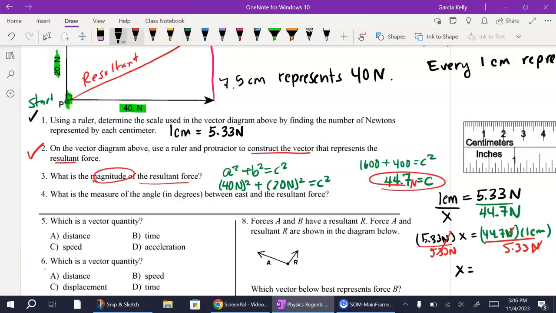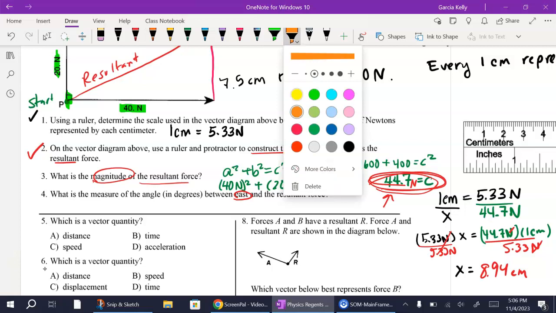So my resultant also has a measurement of 8.94 cm. That represents 44.7 newtons.